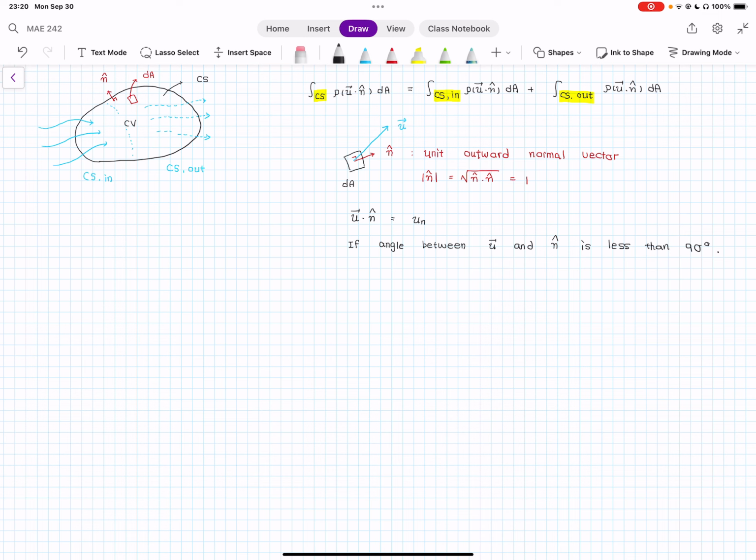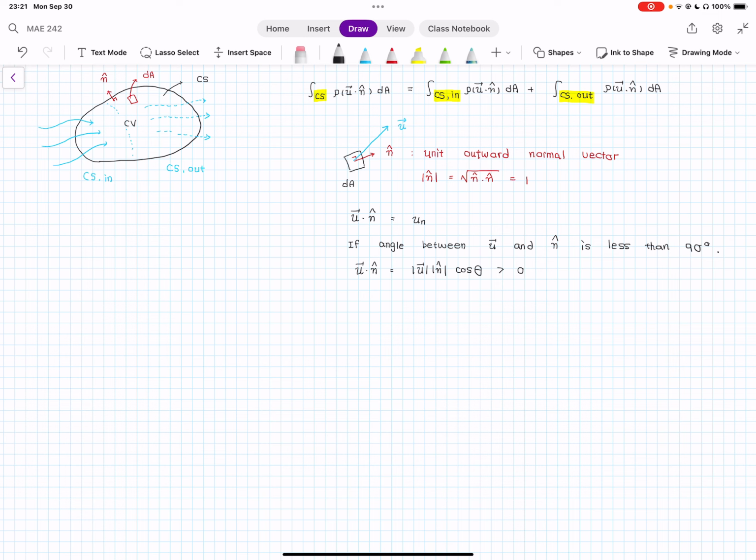Then u and n are both pointing to the surroundings of the control volume. Then this u dot n, by definition, is the magnitude of u times the magnitude of n, which is 1, times cosine theta. Because the angle is less than 90 degrees, the cosine is positive. Therefore, this should be positive. So this normal component is positive.